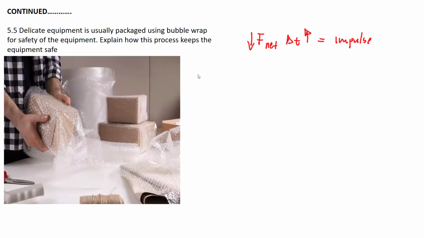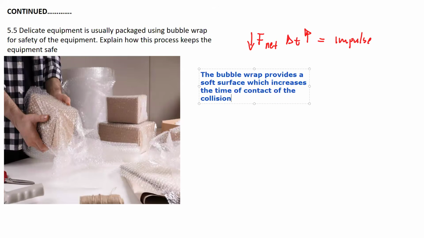So what does bubble wrap do? Follow me, this is the answer. The bubble wrap provides a soft surface, which increases the time of contact of the collision, and decreases the net force exerted on the equipment.